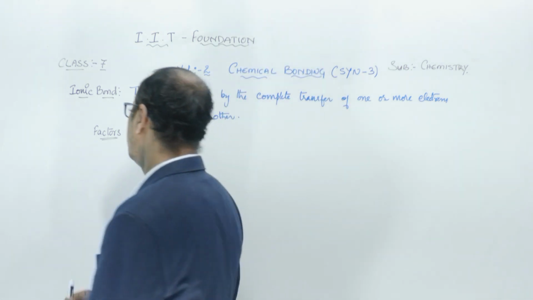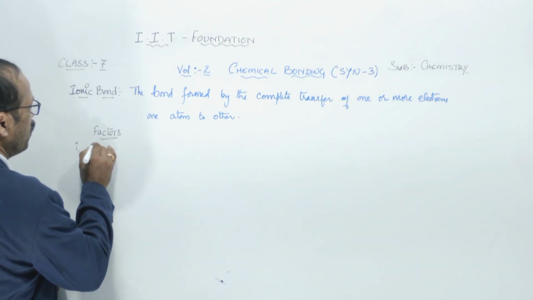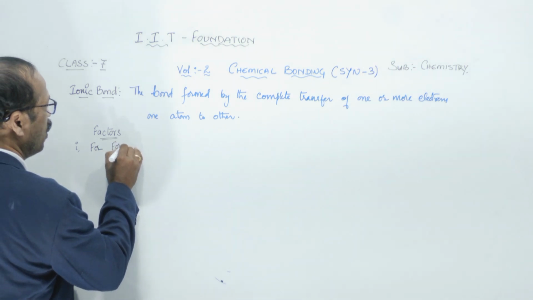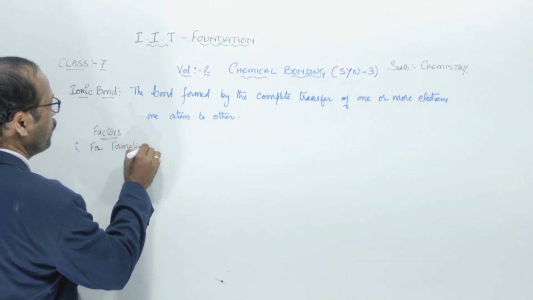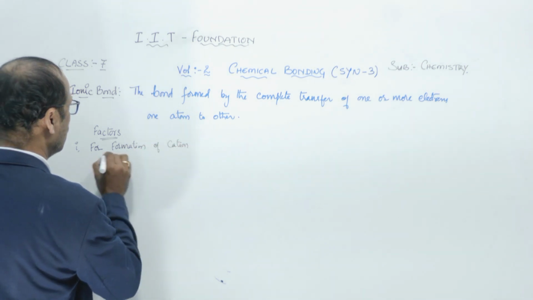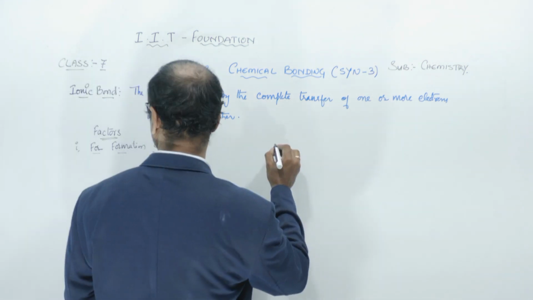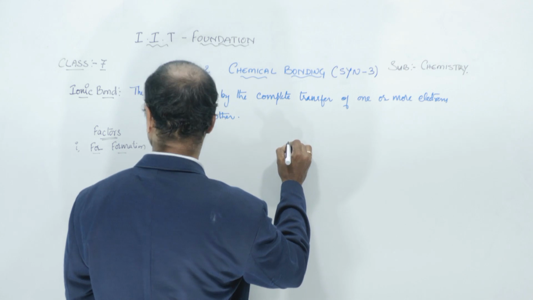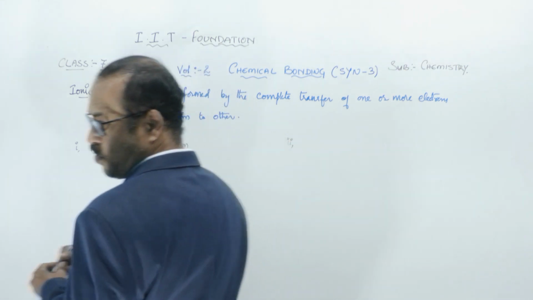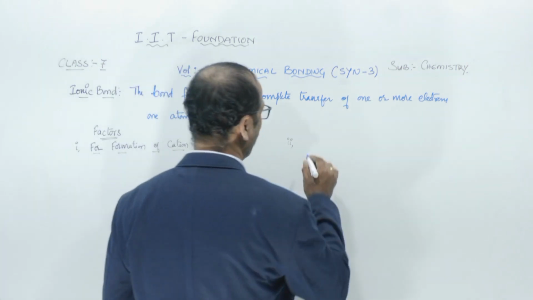Right? Chalo. So the factors: first one is the formation of cation. Cation means what? Positively charged ion. Right? And the second one is factors for the formation of anion.